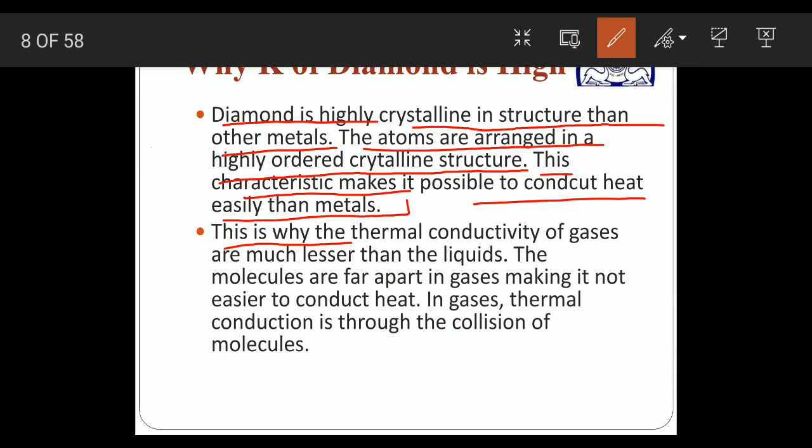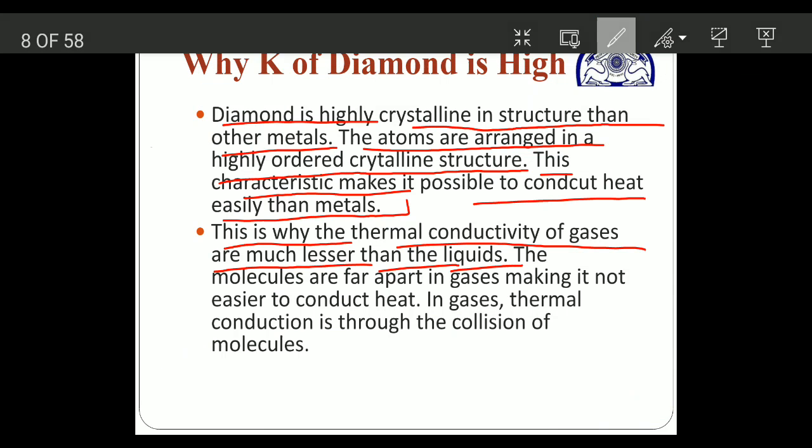Now, this is why the thermal conductivity of gases is much lesser than that of liquids.